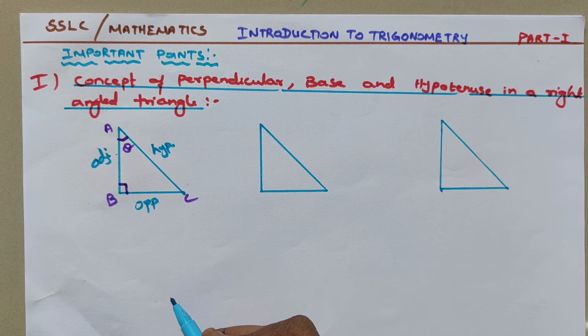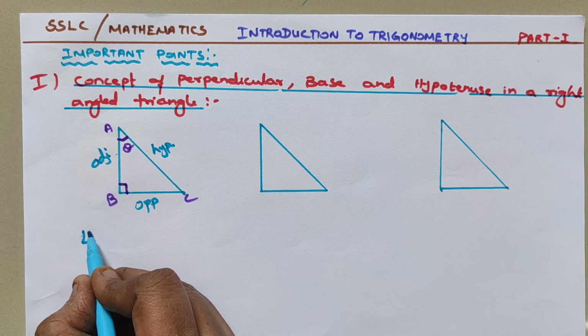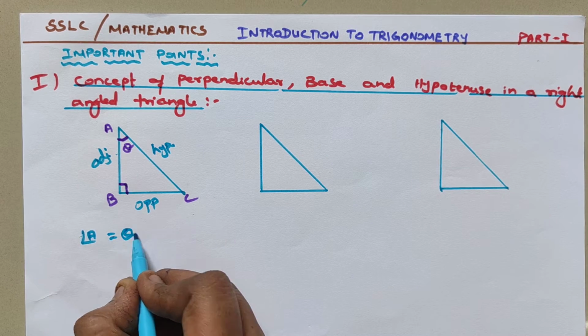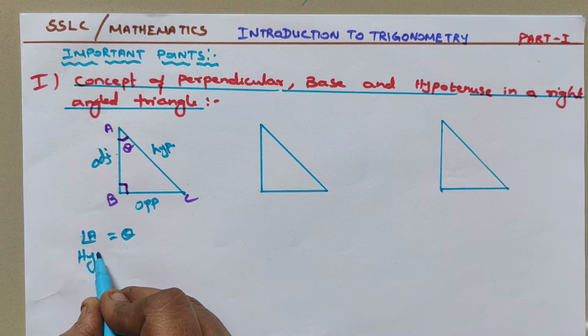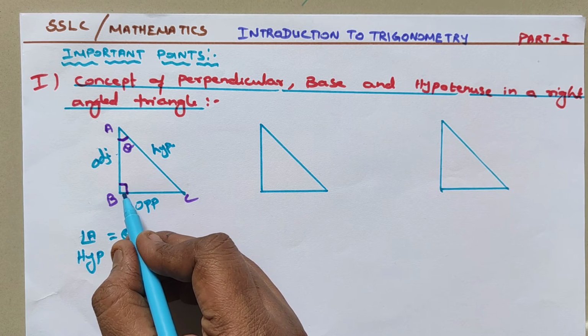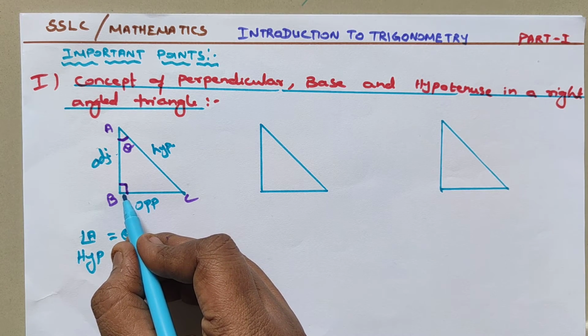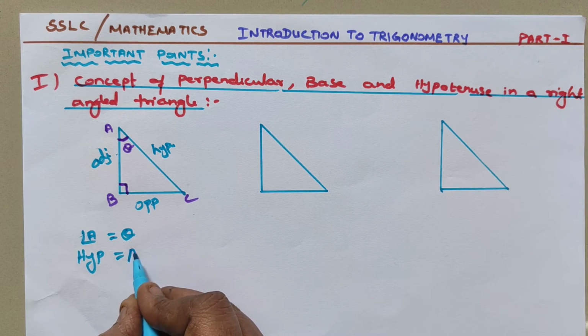Is it clear children? So here the reference angle A is considered as theta. The hypotenuse is nothing but the side opposite to 90 degrees. Here angle B is 90 degrees. Which side will be the hypotenuse? AC is the hypotenuse.